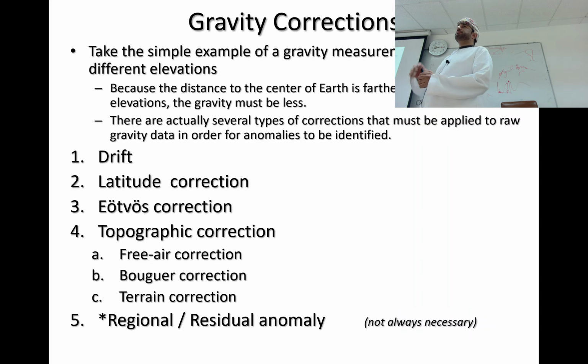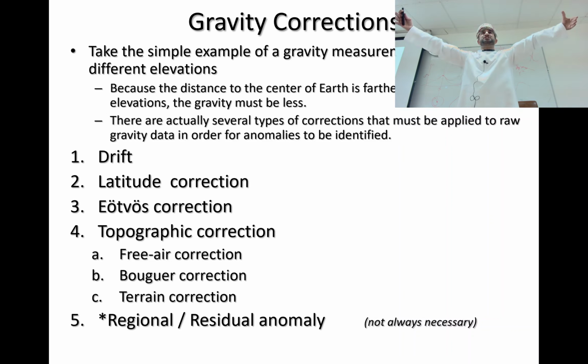Then the regional to residual corrections. For example, I'm interested in shallow surface changes, whereas there are deep strata that are tilting. Those tilting strata produce an overall regional change, whereas I'm interested in small changes on the surface. So how do we remove the regional effect from the residual? Deep-seated features produce broader, larger changes.